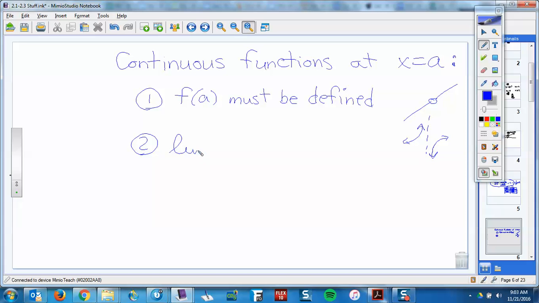Number two, the limit of f of x as x approaches a must exist. Now notice how we use the term defined when we're talking about a function, and we use the term exist when we're talking about the limit, okay? So the limit must exist. Examples of the limit not existing would be something like this.